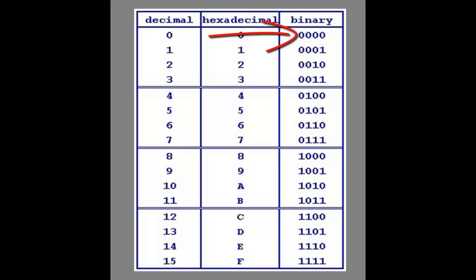And there they are in the right-hand column under binary. And hexadecimal is base 16, which just happens to have 16 digits, 0 through F. So we can represent 4 binary digits with 1 hexadecimal digit. For example, instead of writing 1100 in binary, we could just write C in hex.